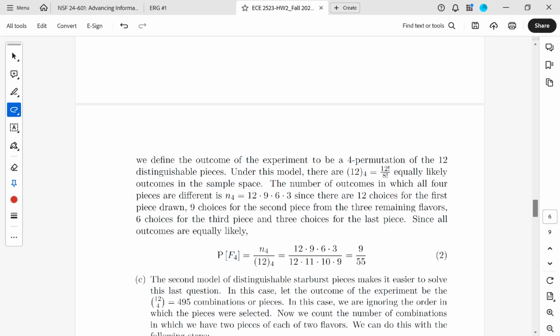The number of possible ways that we could draw candy without any condition is 12 choose 4, which is going to be 12 factorial over 12 minus 4 factorial, which is 8 factorial.